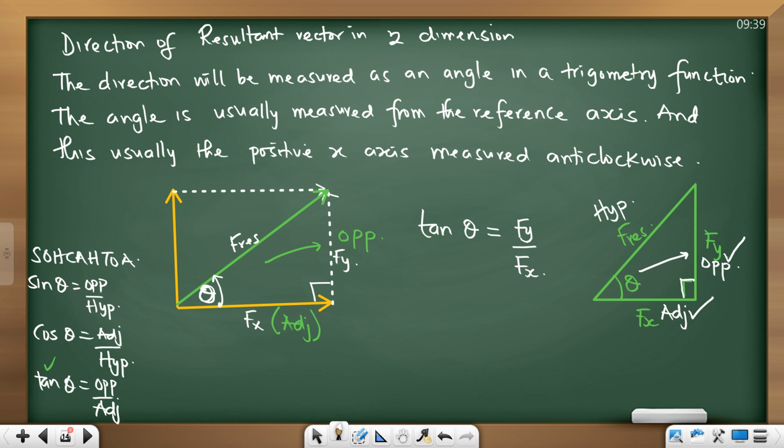We look for the trig ratio that connects opposite and adjacent: tan. Tan theta is opposite over adjacent. Which one is my opposite in this case? Fy. Which one is my adjacent? Fx. And we put that in a calculator. Are we done? Those of you that gave me thumbs down, are you okay?